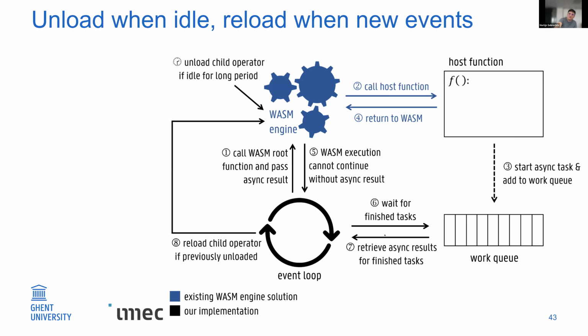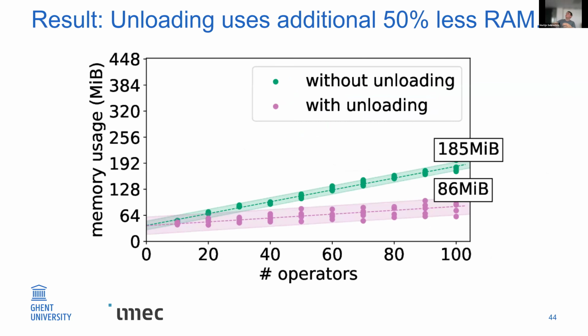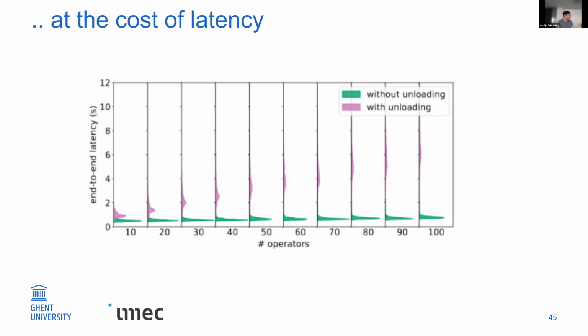starting a WebAssembly application. And so when we then, instead of just running these operators as long-running processes inside of WebAssembly, when we actually also unload them, in a worst case, we see that we use an additional 50% less RAM. However, it is at the cost of latency, because there is a latency associated with starting operators.